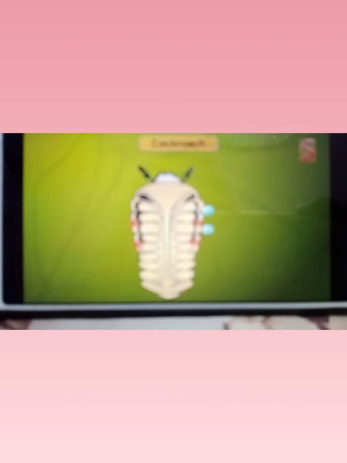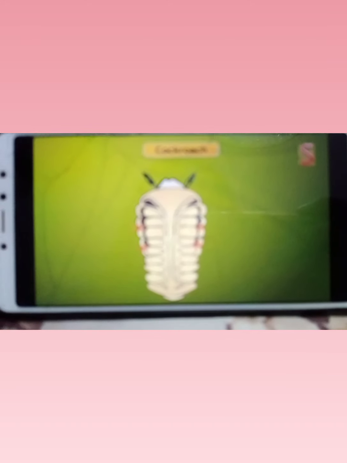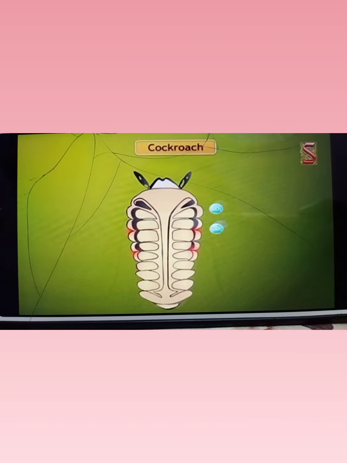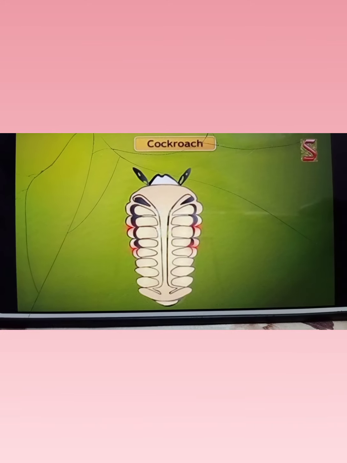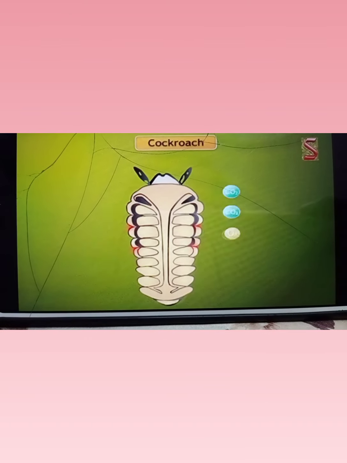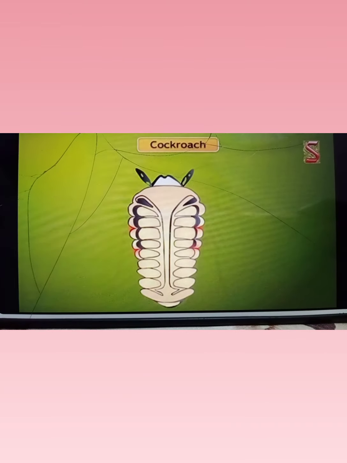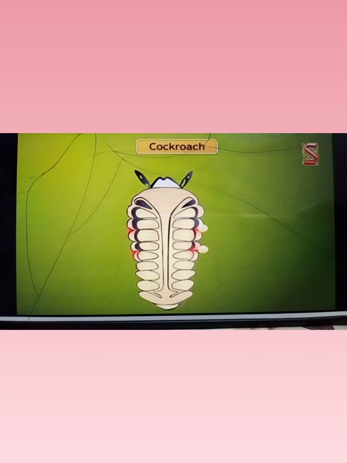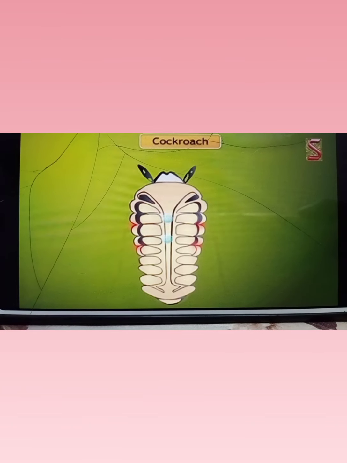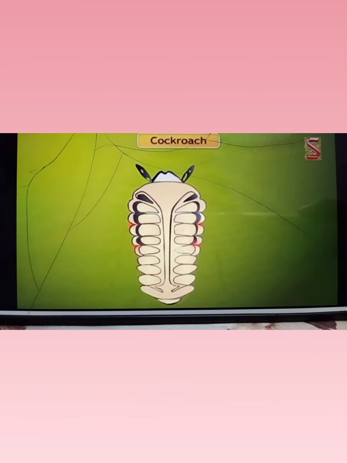This way, it reaches every cell in the body. Similarly, the carbon dioxide from the cells goes into the tracheal tubes and moves out through spiracles. One interesting thing to note here is that these tracheae are found only in insects and not in any other group of animals.